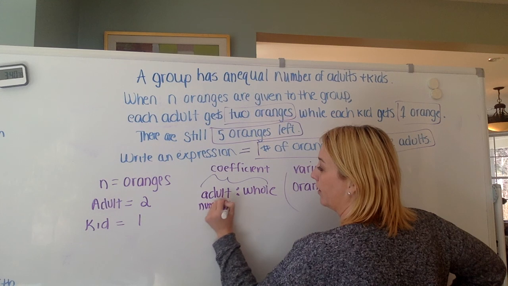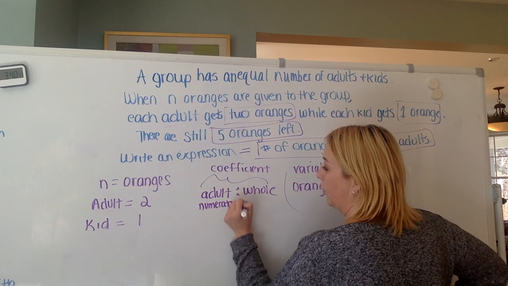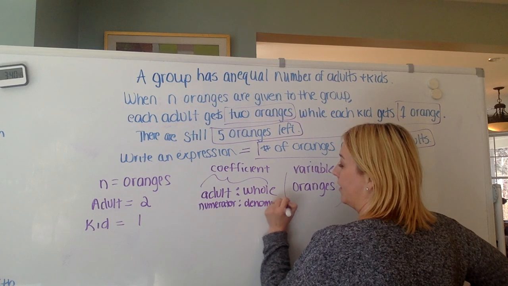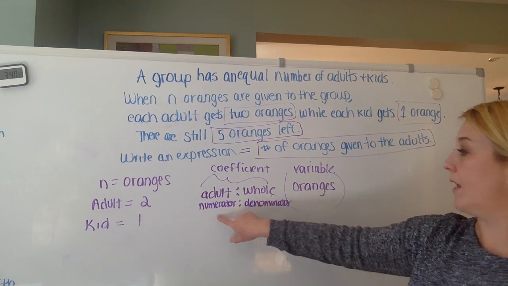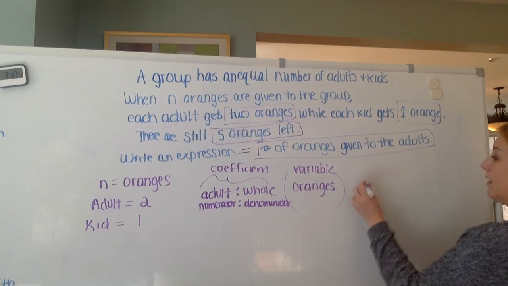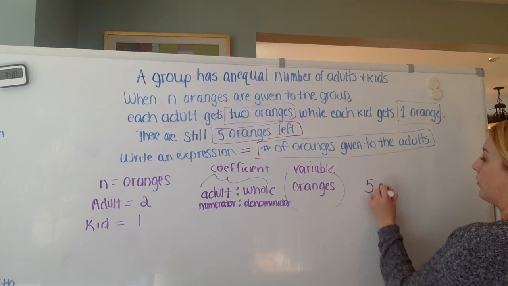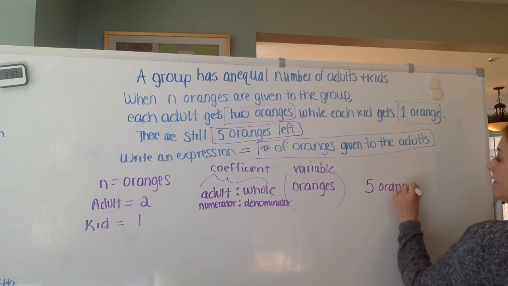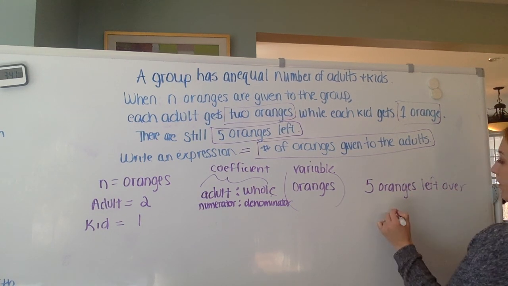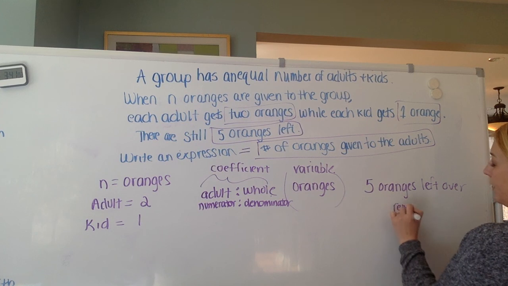Our numerator, because this is the part, to the whole. Even when we multiply that fraction times the variable, there are still 5 oranges left over, or 5 oranges remaining.